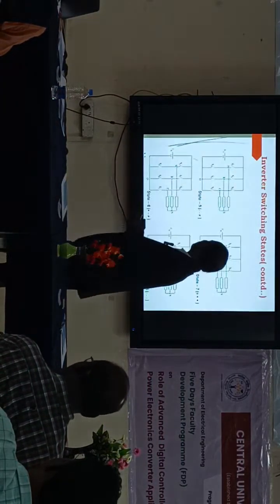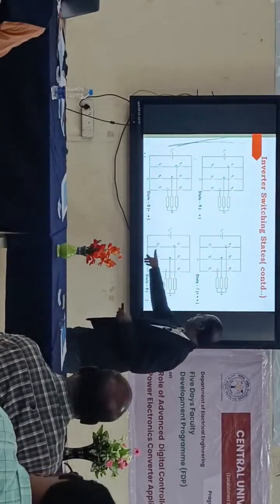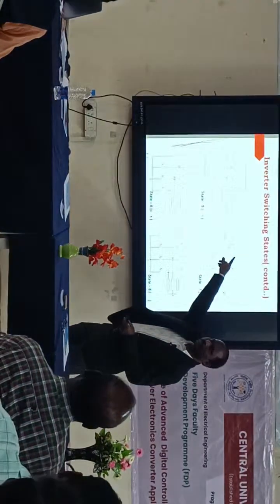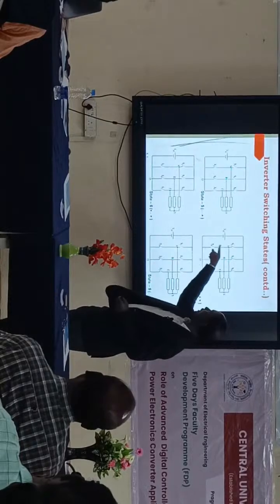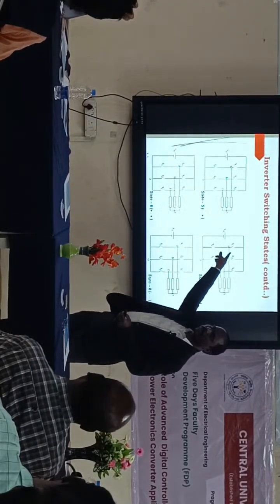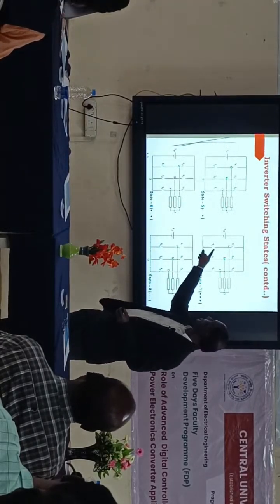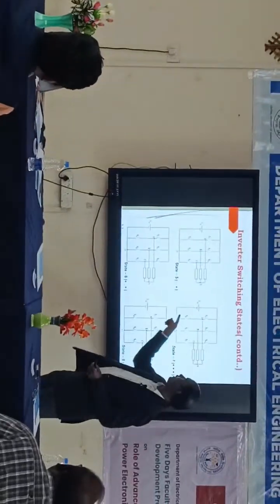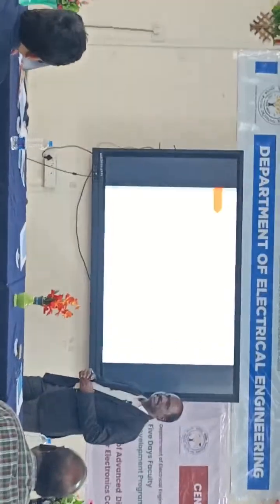Okay, so what happens here? For example, all negative means minus, minus, minus, all bottom. Here all top. What is VA0 here in this case? The top is turned on. What is VA0? VDC. You see, the top switch is turned on.